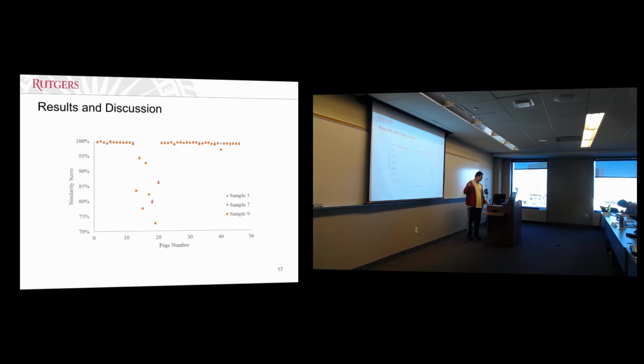And these are the page-by-page comparison results of samples 5, 7, and 9. As we can see, there are a lot of outliers in these results. These outliers all result from the low quality of the images, as mentioned just now by the author, our TA.